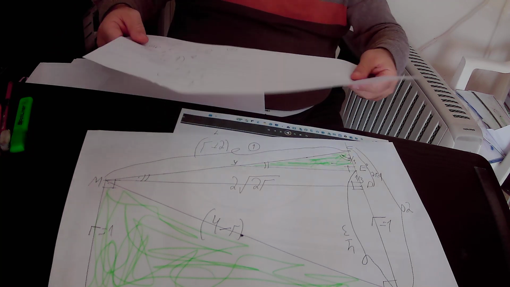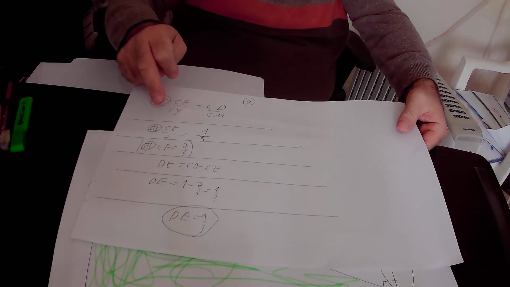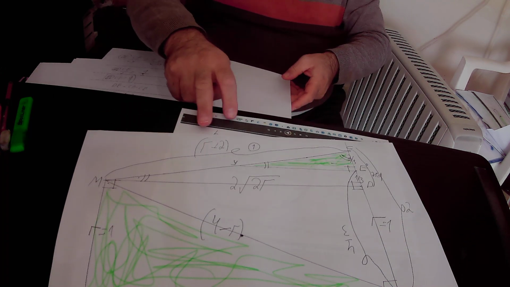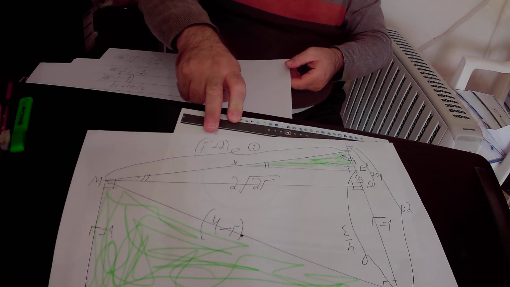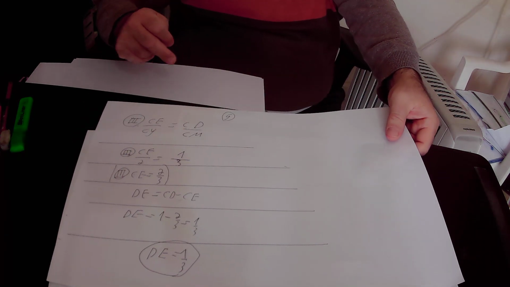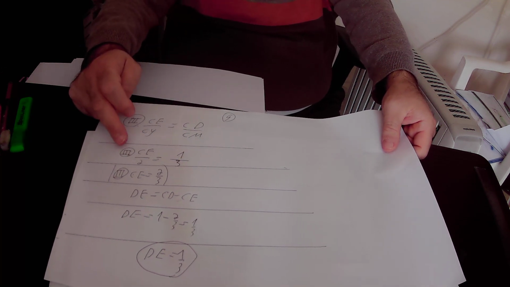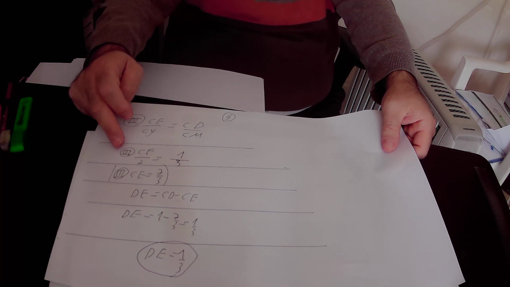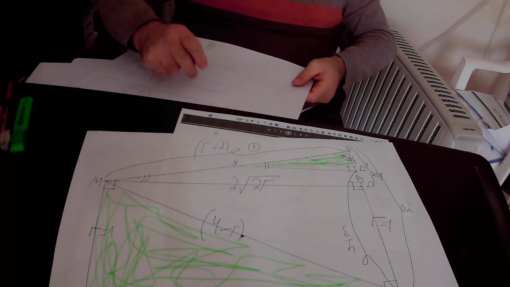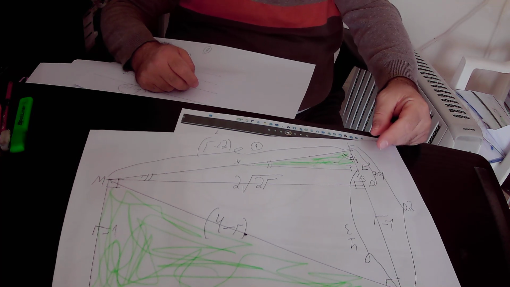And CM equals R plus 2 and R equals 1, so CM equals 3 units. So in total we got that CE over 2 equals 1 over 3. We multiplied equation number 3 by 2 and we got that CE equals 2/3.